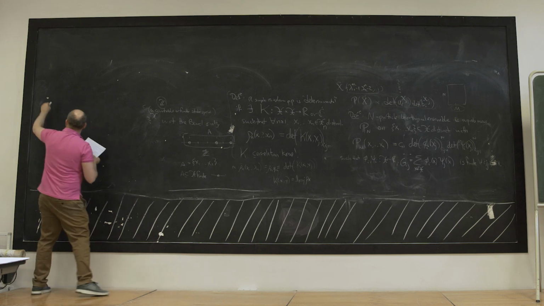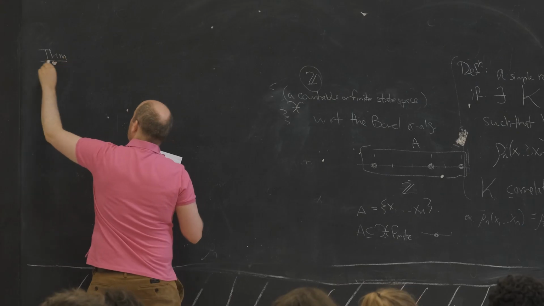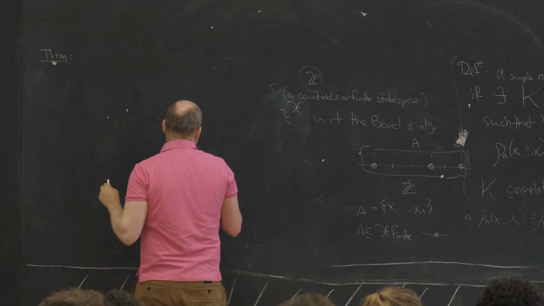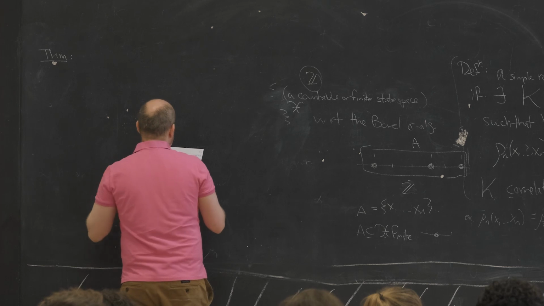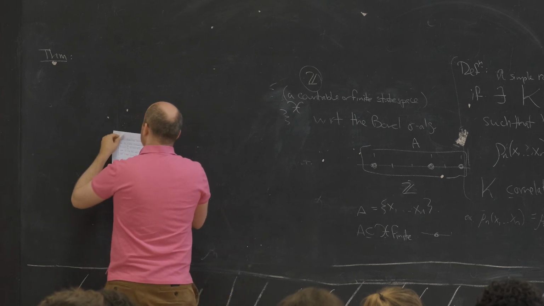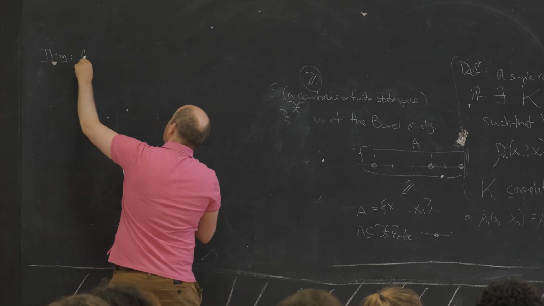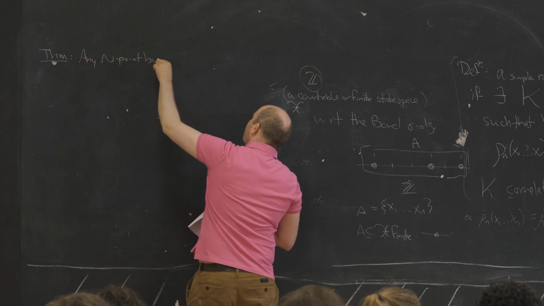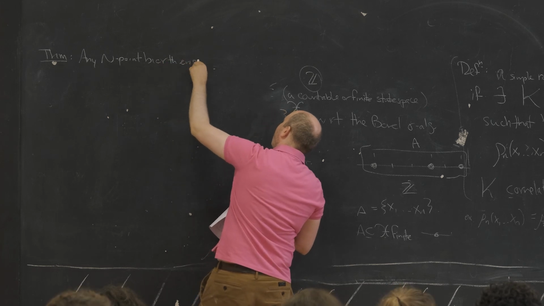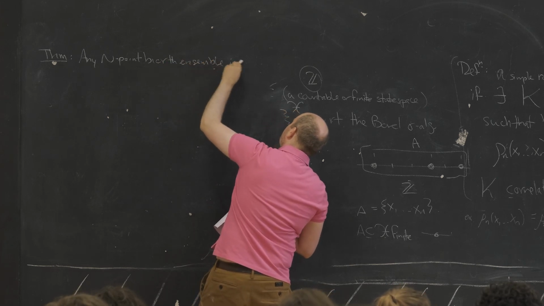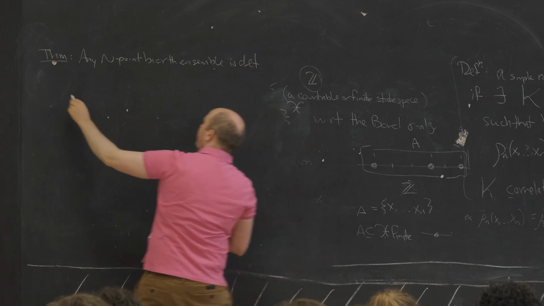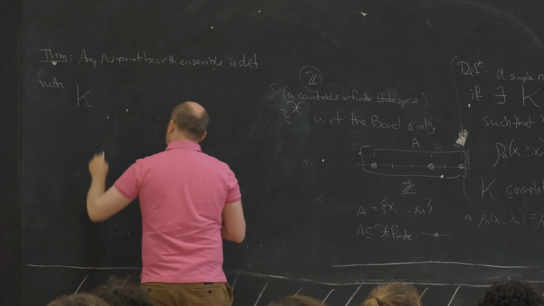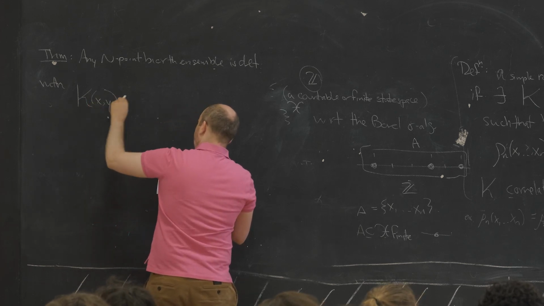So here's the theorem, and I won't prove it here. Again, you can see it proved in these other notes. It's not a terribly hard proof. It basically relies on the Cauchy-Binet theorem. But it says that any n-point biorthogonal ensemble is determinantal with correlation kernel K that is very explicit.